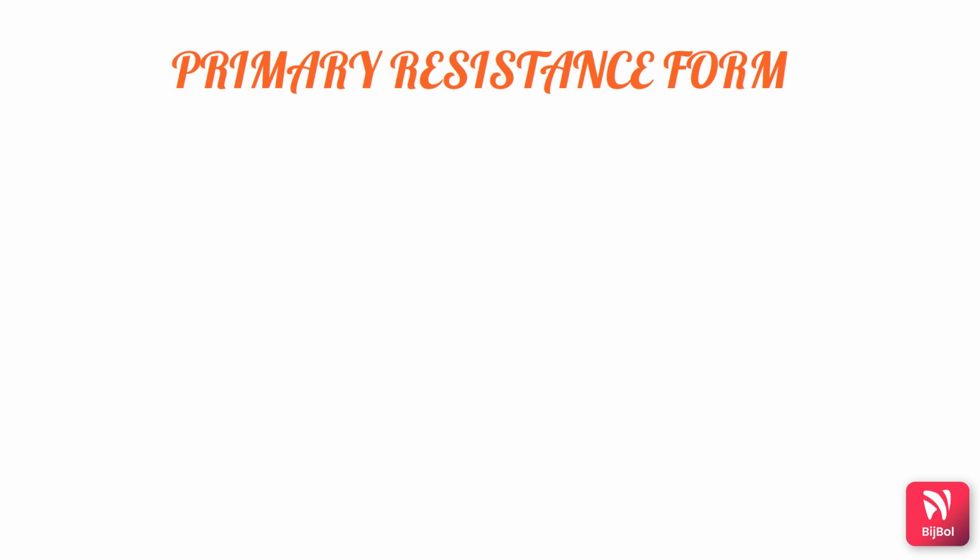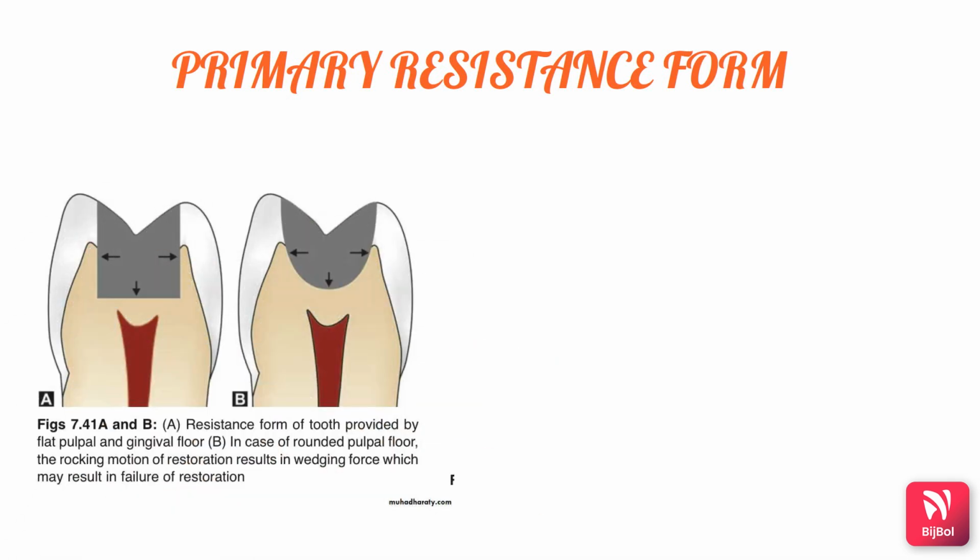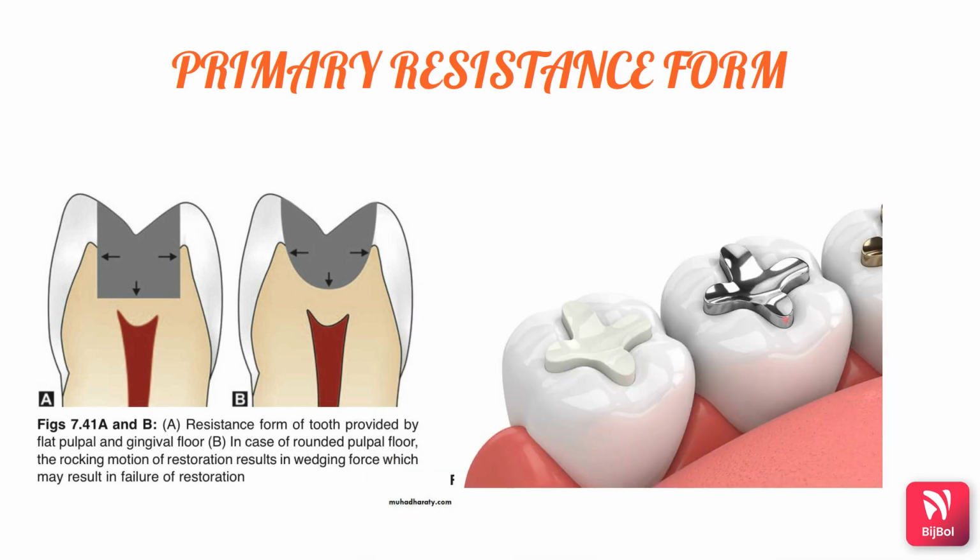It is the shape of the cavity that best enables the restoration as well as the tooth to withstand the forces without fracturing. It includes the box-shaped cavity with the flat floors and including all the weakened tooth structure, with the rounded internal line angles, with the preservation of the cusps and the marginal ridges. It should have adequate thickness of the restorative material with the reduction of cusps for cusp capping.